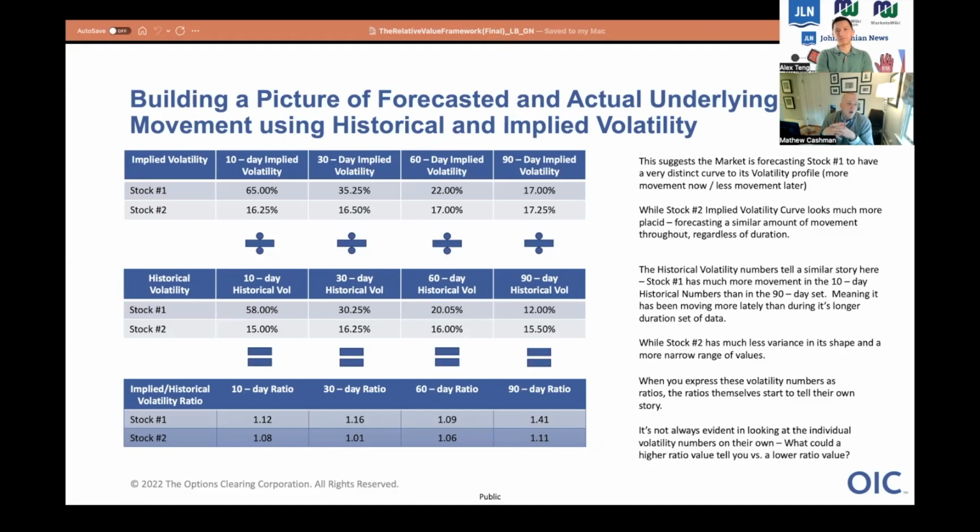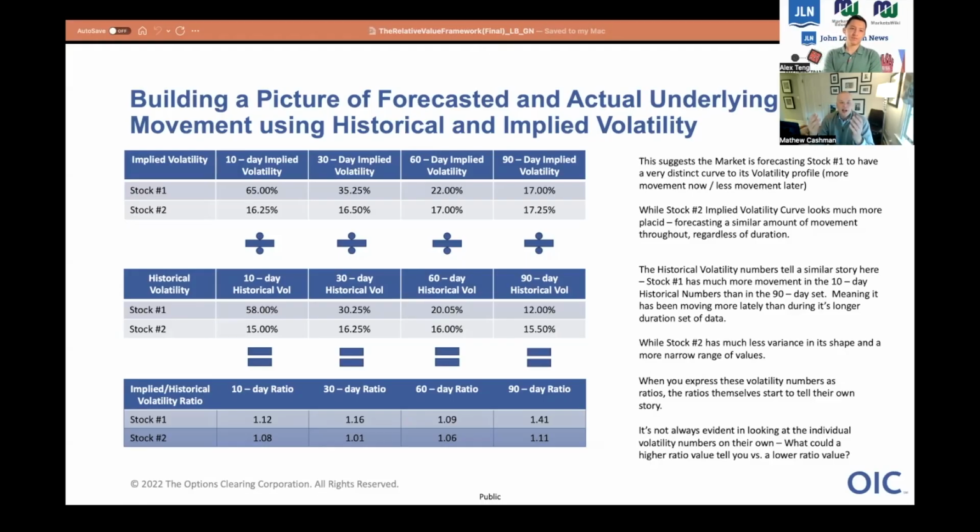If you look at stock 1 versus stock 2, the curvature of the volatility profile is suggesting there's a totally distinct curve to stock 1 and something completely different in stock 2.